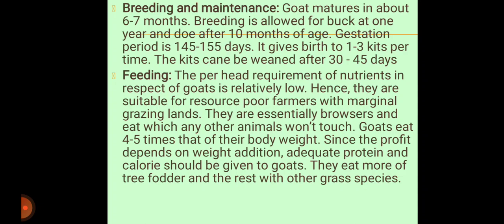Feeding for goats. The per head requirement of nutrients in respect of goats is relatively low, hence they are suitable for resource poor farmers and marginal grazing lands.